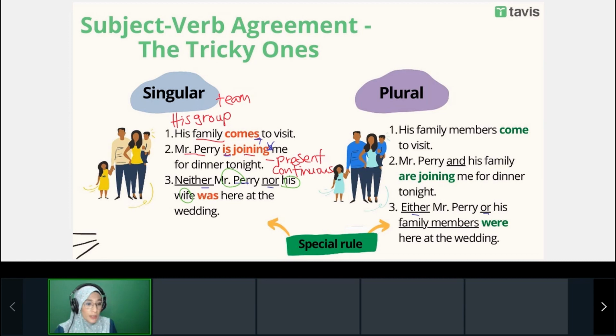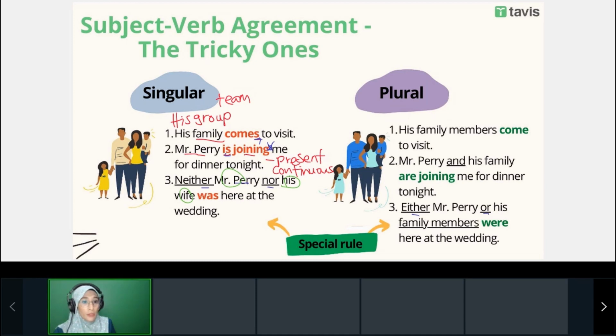So when it comes to the word neither, this is no. Okay, neither Mr. Perry nor his wife was here at the wedding. Now when you see here, you need to match the one that is closer to the subject.